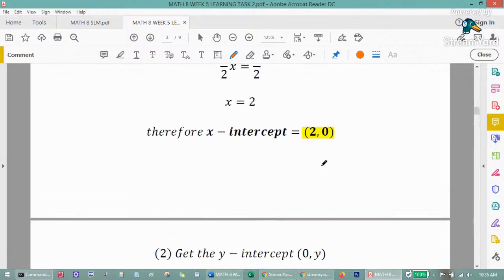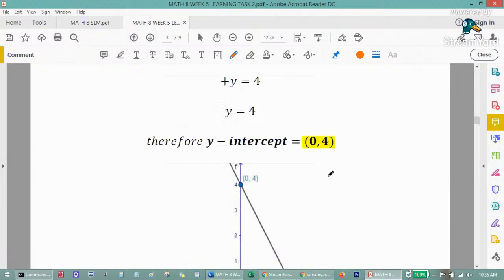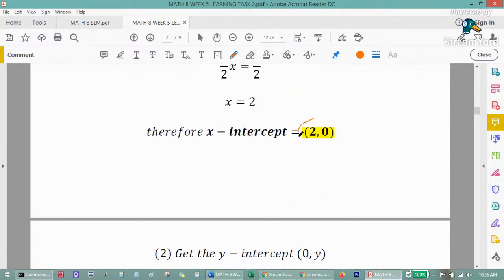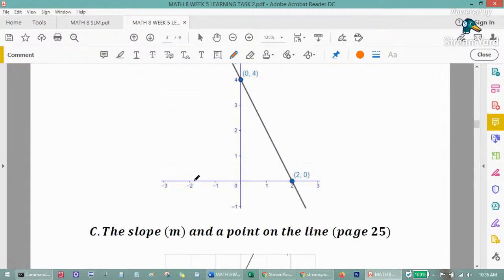Nasaan naman ang x-intercept natin na 2, 0. So, x is 2. Ito yung x natin. So, positive 1, positive 2.